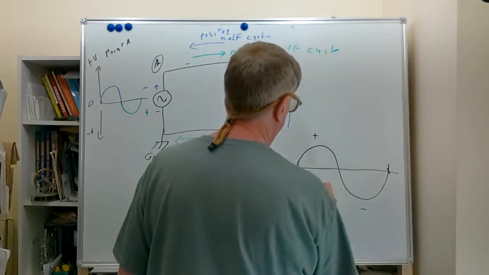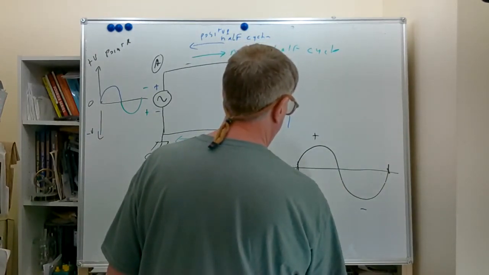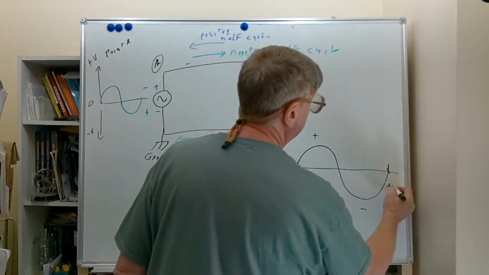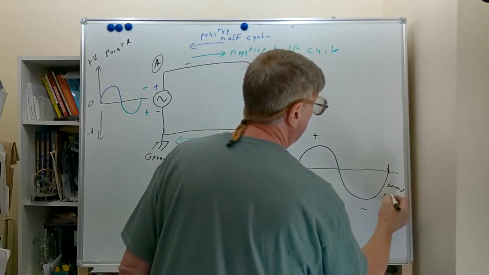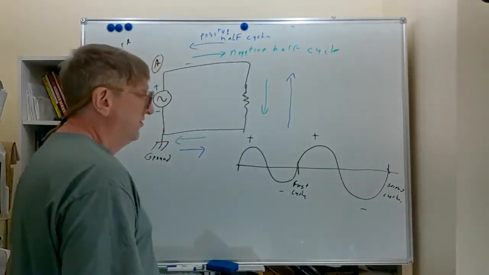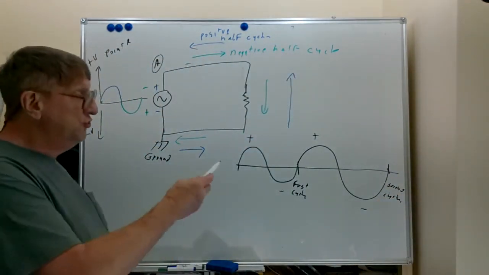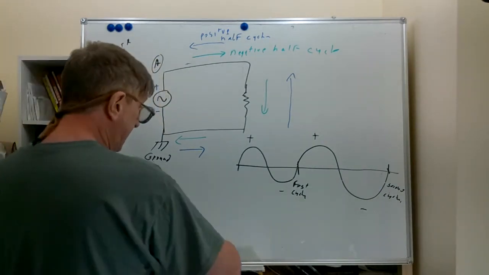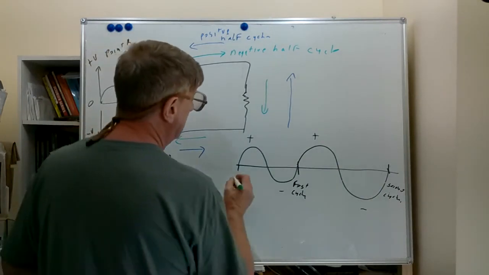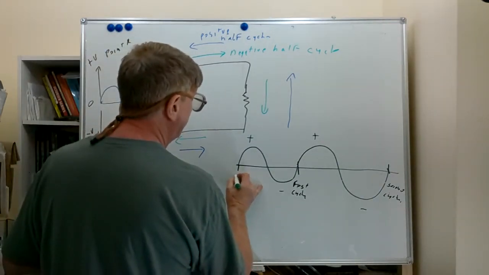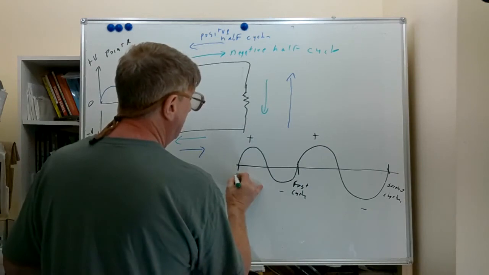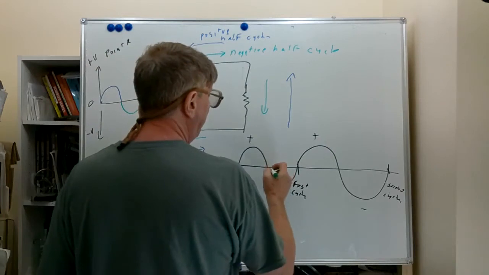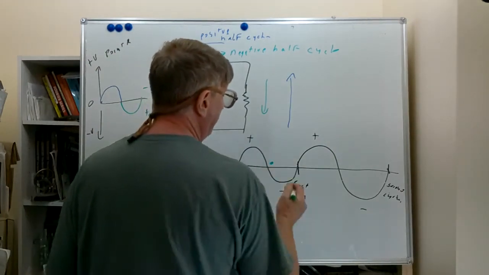Here's a second cycle. I'm going to say first cycle, I'm going to say second cycle. So we have here 2 full cycles. But you'll notice at this point, at the beginning of the first cycle, we had a change in direction, which I'm just gonna draw a little circle to dot that change in direction of the current flow. At this half cycle, we had another change in direction.